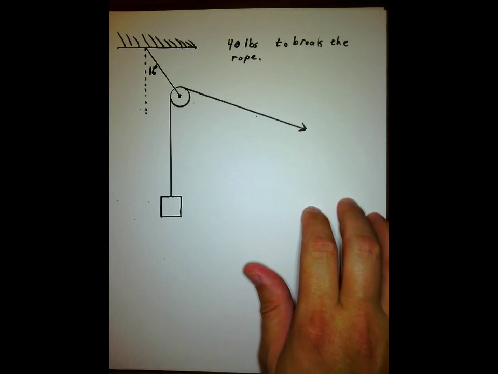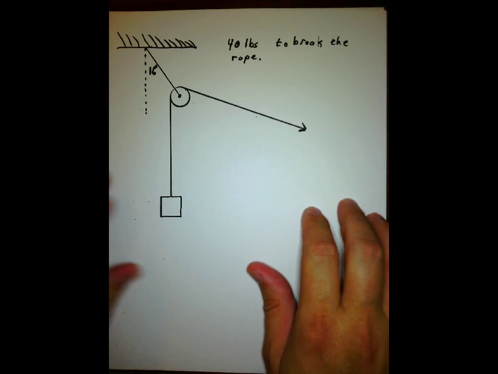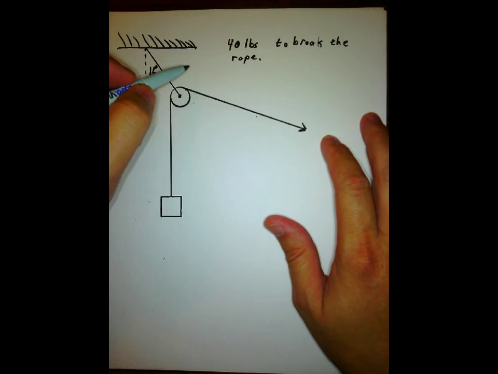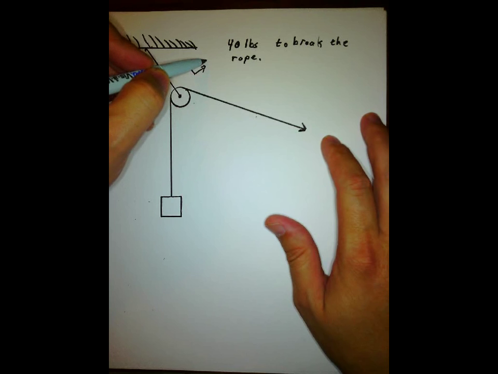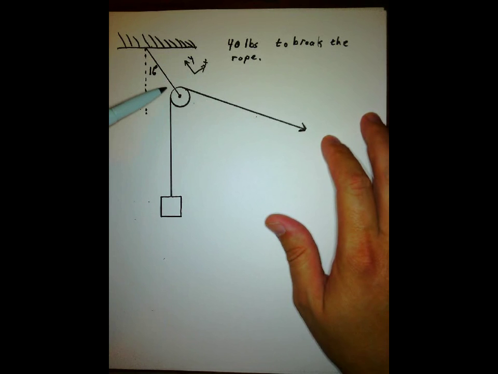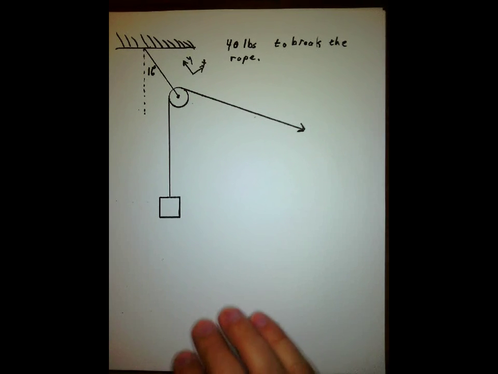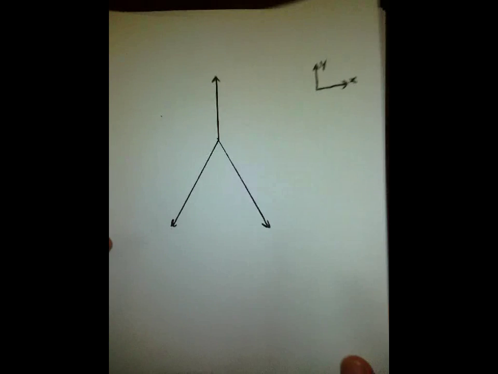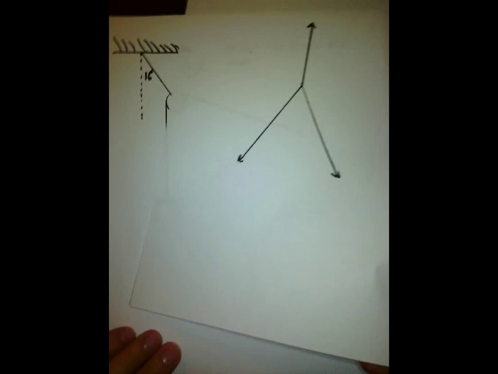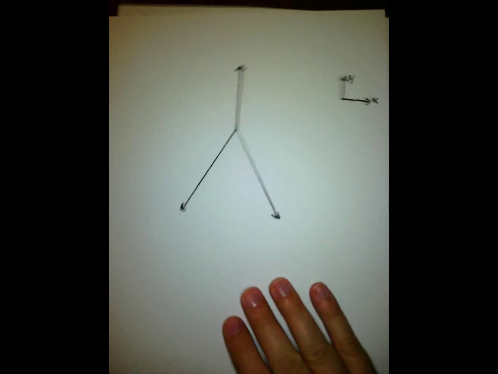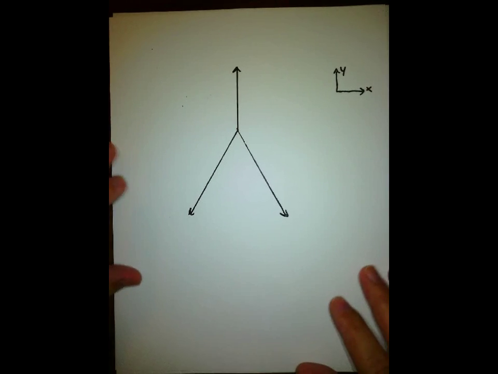So I think the first step for me would be to say that our coordinate axis is going to be oriented like this, so that my y-axis is parallel to this rope right here. And then we're going to do the good old-fashioned, tried and true free body diagram. I'm going to pull this other page out so it doesn't show through.